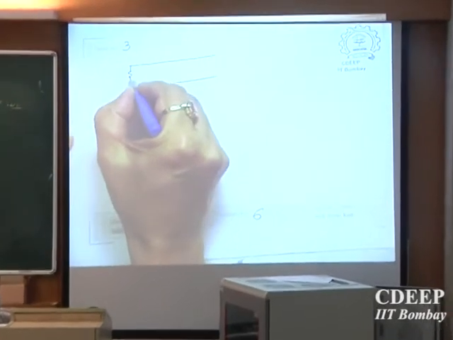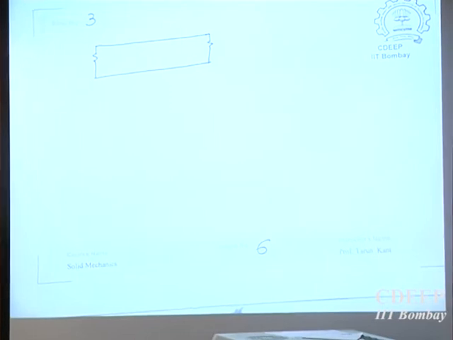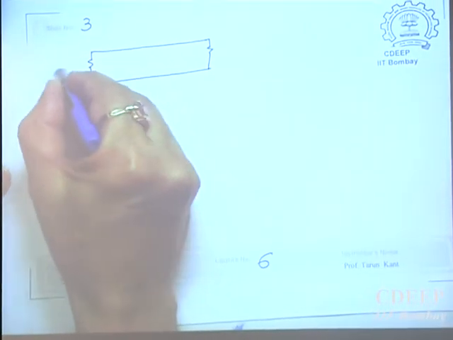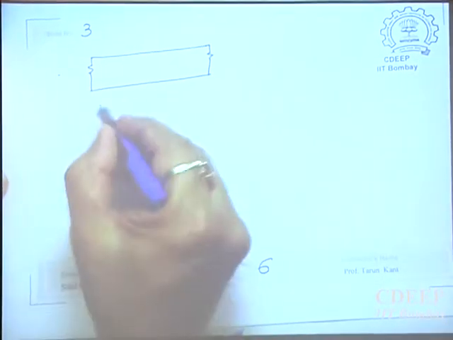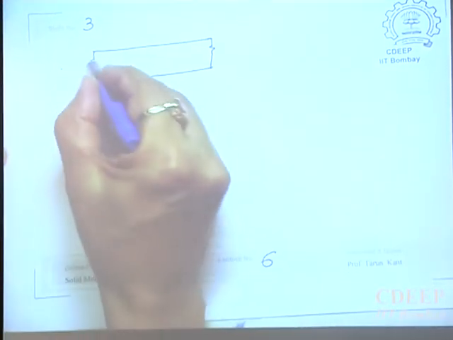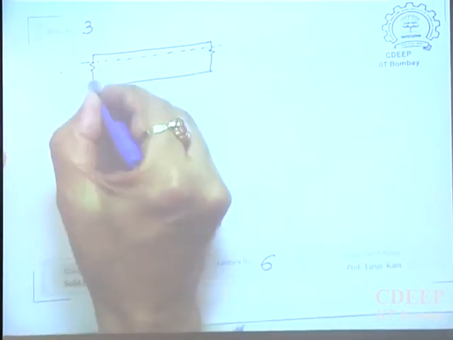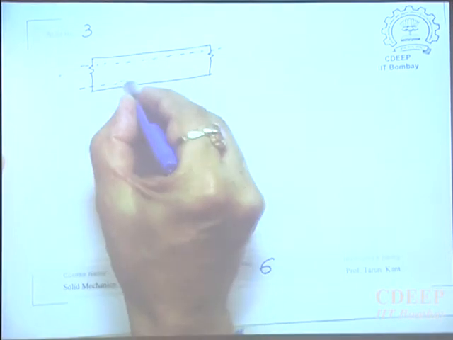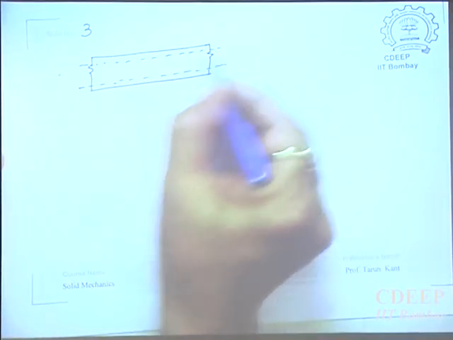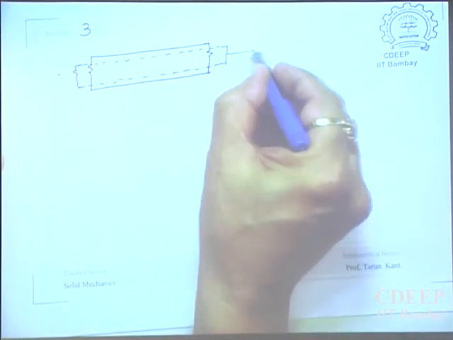Now this is on the sidelines, there was something else I wanted to tell you. This rod is there, and now when you apply a load, of course this will expand. So I will put it by a dotted line, where I have not put a load. Now here you have applied a load.